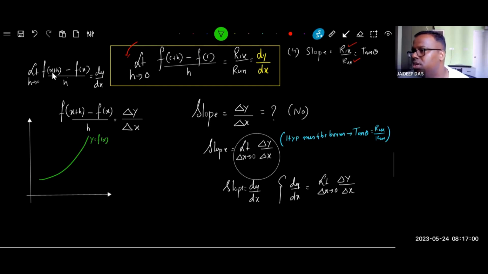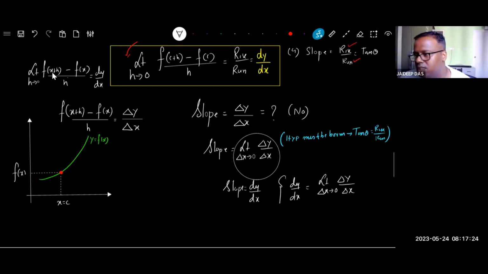We started our story taking an arbitrary point C out here and marking everything for C. This was our x equal to C, and this particular point was f of C.